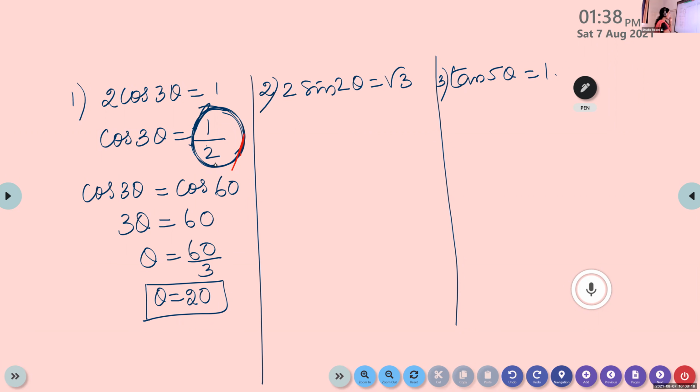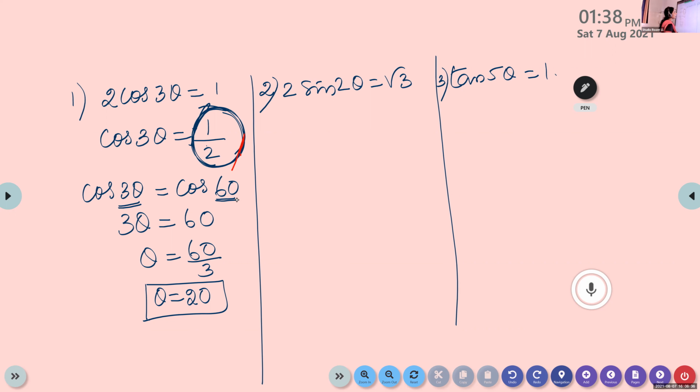We know that cos 60 is 1 by 2. On equating, 3 theta will be same as 60. So theta is 60 by 3, which is 20. Now try the next one.